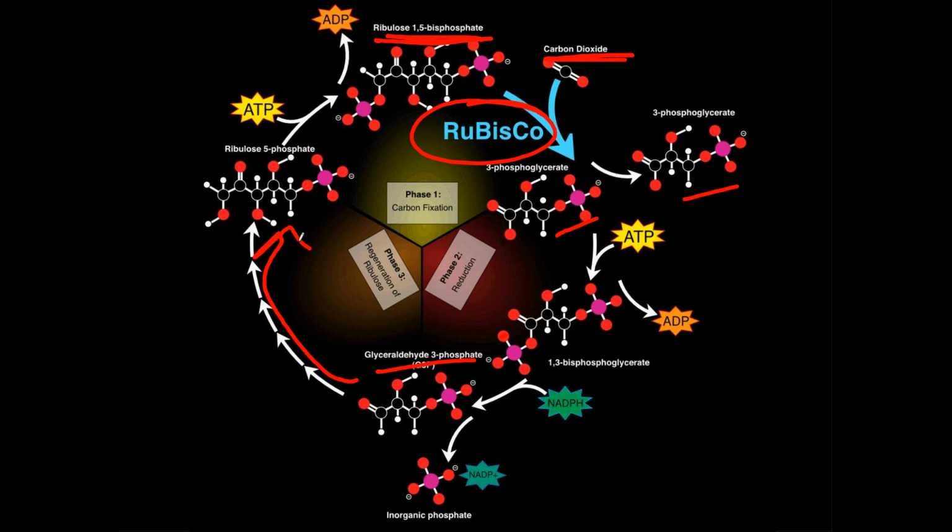We're going to regenerate the ribulose 1,5 bisphosphate that we're going to be using. The other glyceraldehyde 3-phosphate that we make is going to be exported out of the chloroplast back into the cytosol, where it can be used to make other organic molecules.